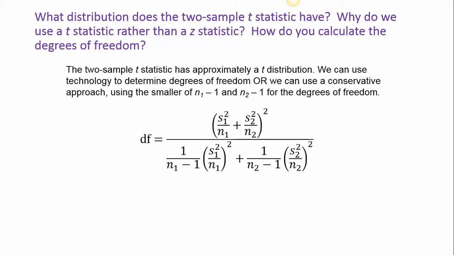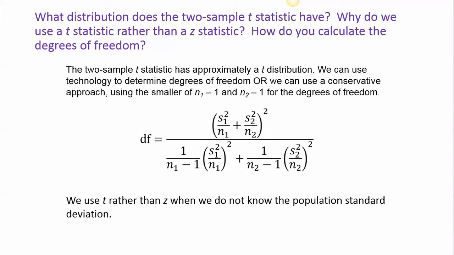The calculator is going to compute it using this formula, but if you're not using the calculator, I highly recommend you just take your sample size and subtract 1 and determine which one is less. We use t rather than z when we do not know the population standard deviation. So this is the same as what we covered in chapter 9.